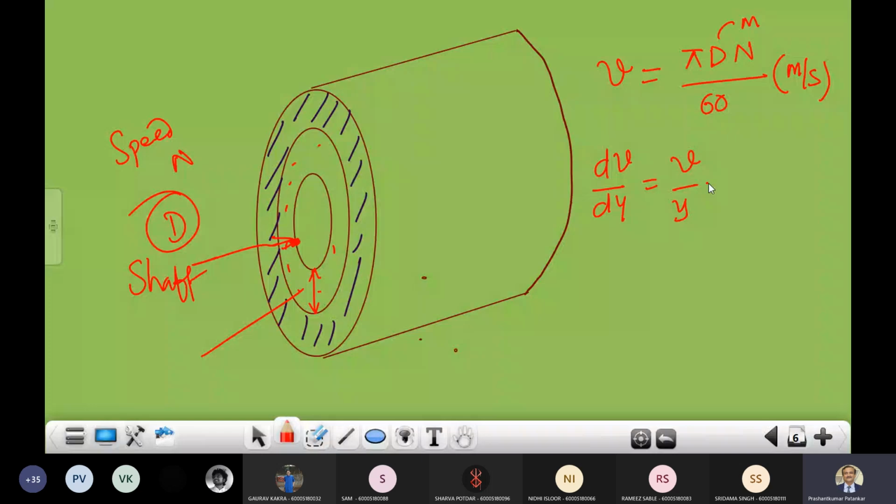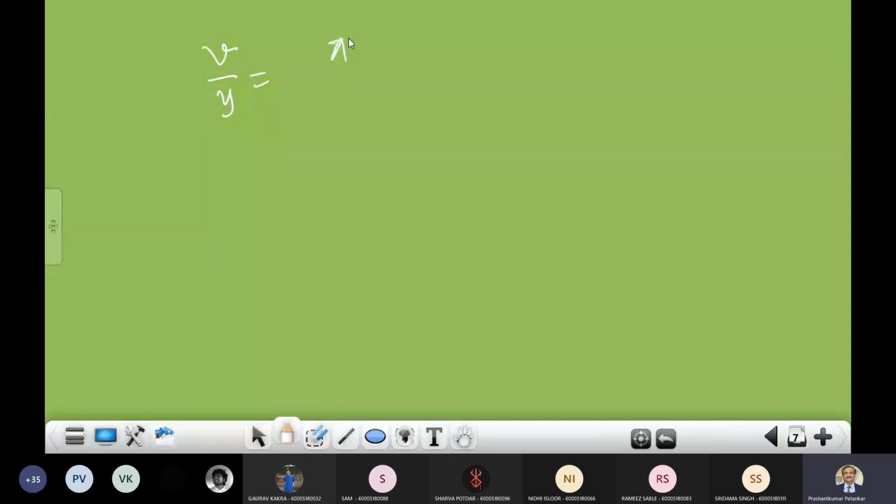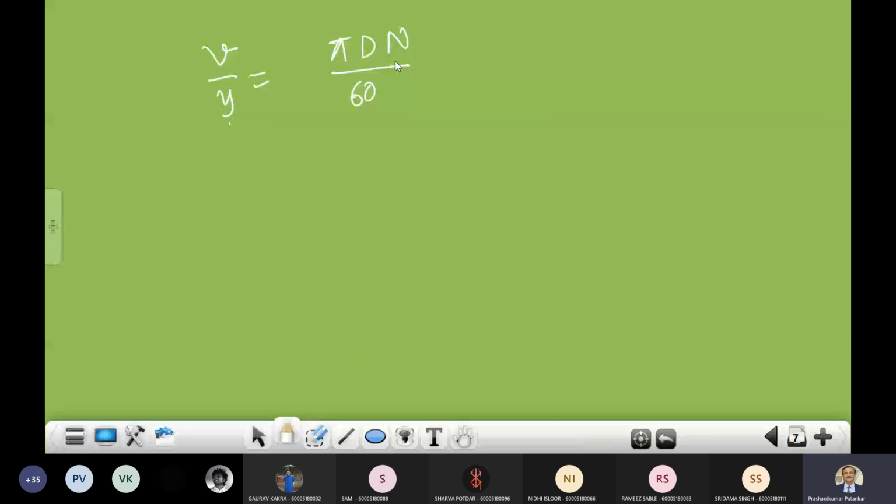If this radial clearance is denoted with the notation capital C, then the term v by y will become, as already written, v is equal to pi D N upon 60, and as I said, this y is nothing but the radial clearance, and hence in place of y I am going to use the clearance C. Is it right up to here, students? Is it understandable so far? Yes, sir.